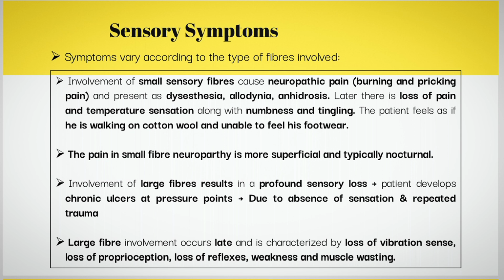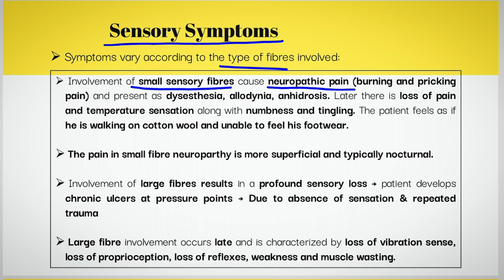Now let's discuss the sensory symptoms in diabetic neuropathy. These symptoms can be according to the involvement of the nerve fibers. When there is involvement of small sensory fibers, the patient will feel neuropathic pain in the form of burning and pricking pain, and the person will present with dysesthesia, allodynia or anhidrosis. Allodynia is a condition when a person feels pain due to a stimulus which usually does not generate pain.